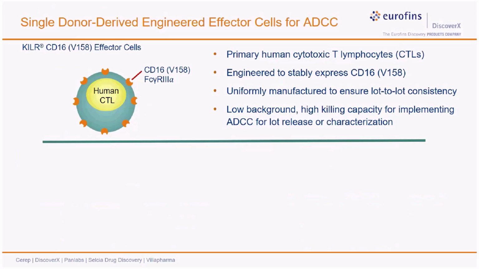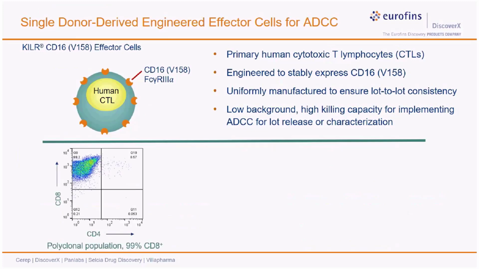They are manufactured following a stringent SOP in a quality environment, ensuring uniformity in manufacturing and low lot-to-lot variability, and produce low background with higher killing capacity, ideal for an ADCC assay which is implemented in a QC lot release program.